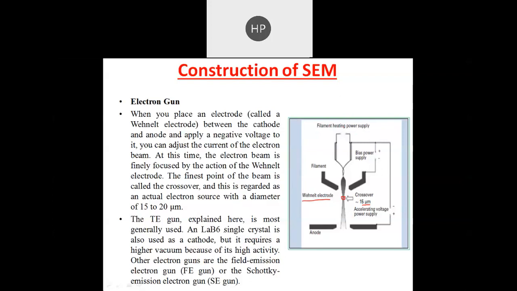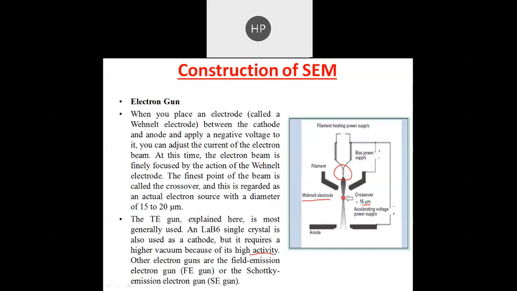And lanthanum hexaboride single crystal is also used as a cathode. Okay, so sometimes instead of this tungsten, we use a lanthanum hexaboride single crystal, but it requires a higher vacuum because of its high activity. Okay, so this is another, as we told earlier, that it requires higher maintenance.